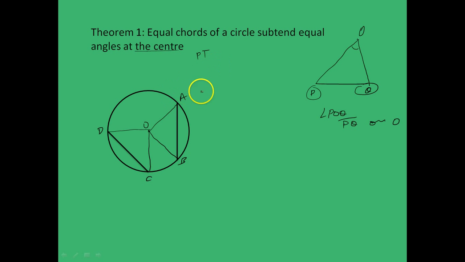So we have to prove that the equal chords, so given AB is equal to CD, we have to prove that equal chords of a circle subtend equal angles at the center. So we have to prove angle AOB is equal to angle COD. Let's see how we can do that.